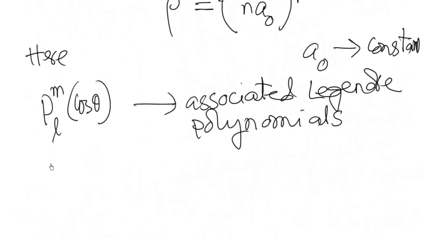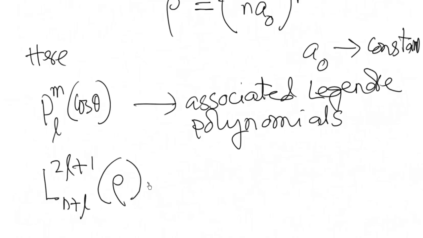And the solution, capital R, which is obtained by this function L n plus L, twice L plus 1, this is known as the associated Laguerre polynomials.